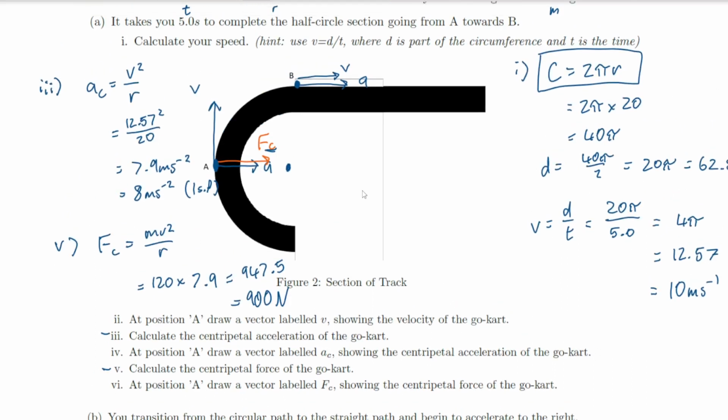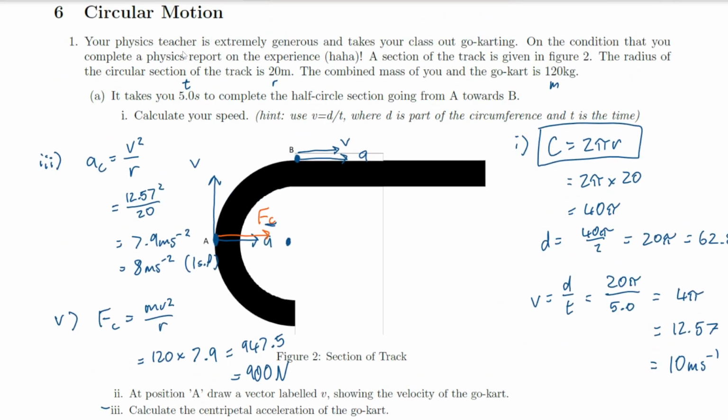Cool, so let's just quickly recap this question because it was a lot. So circular motion, we analyzed a circular section of track to find speed using the circumference and time. We then found centripetal acceleration using that speed. We found centripetal force using that acceleration or speed.